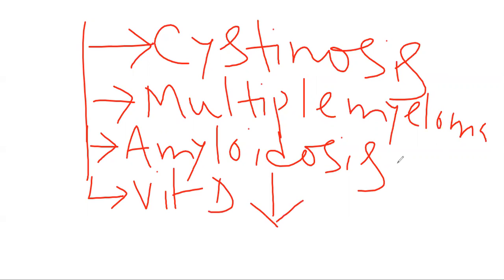So again, vitamin D deficiency, amyloidosis, multiple myeloma, cystinosis, as well as Fanconi syndrome, which can be due to congenital disorder or due to drug toxicity, will lead to occurrence of the type 2 RTA, renal tubular acidosis.